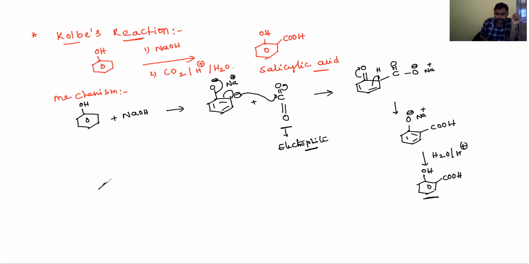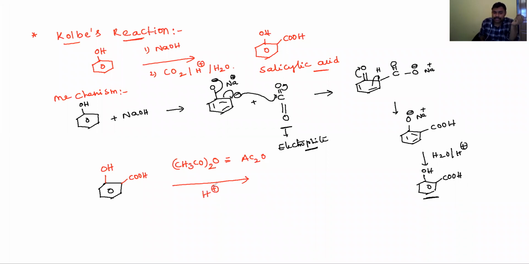How to prepare aspirin? Let's see, dear students. This orthohydroxybenzoic acid reacts with acetic anhydride, CH3CO twice O, also represented as Ac2O, or acyl chlorides in acidic medium.